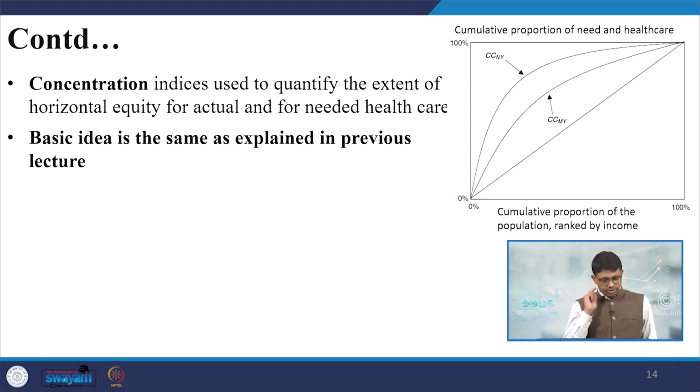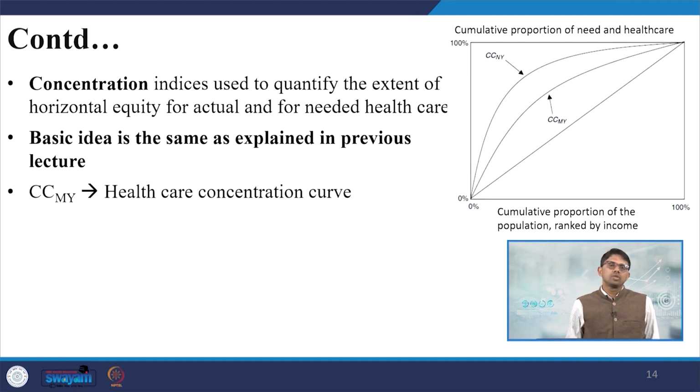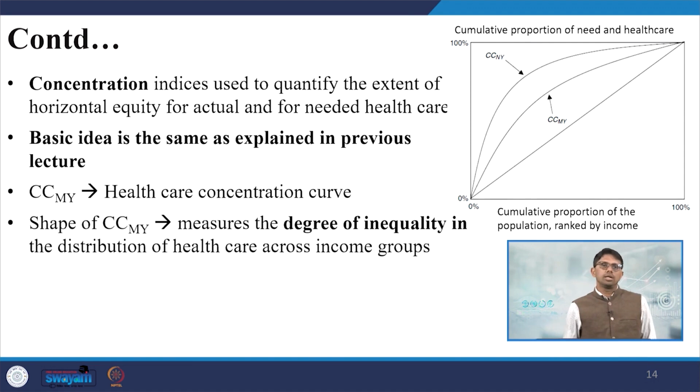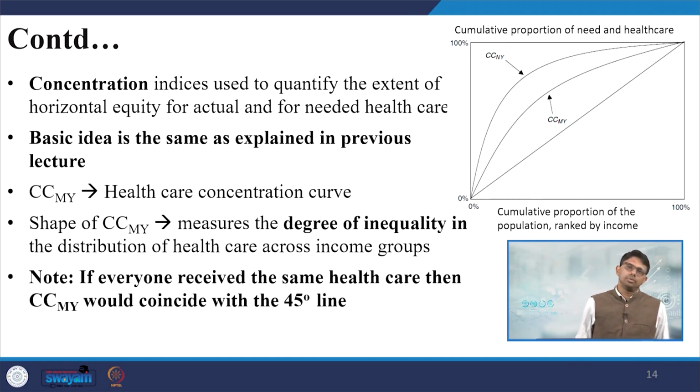So, two diagrams are drawn. The basic idea is the same as explained earlier. CCMY measures the healthcare concentration curve, and the shape of this CCMY measures the degree of inequity in the distribution of healthcare across income groups. Please note that if everyone receives the same healthcare, then CCMY, the healthcare concentration curve, would coincide with the 45-degree line.